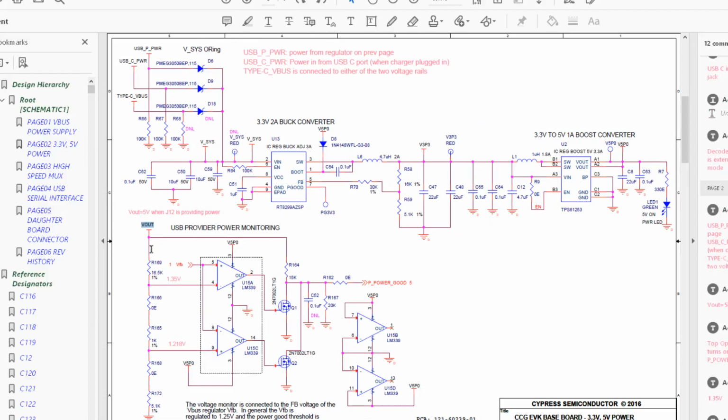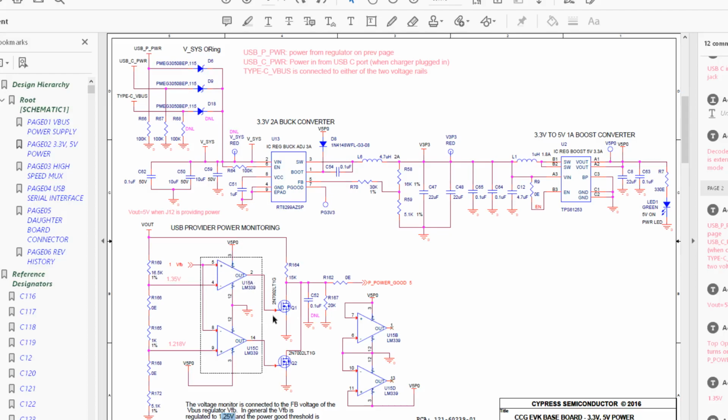That means it's assumed that this is power. So this is when we're providing power. There's a voltage divider between here and here, and it's looking at the feedback voltage. The feedback voltage should be 1.25. They've given you a 9% margin, so less than 9% and greater than 9%. Normally, in proportion, this is 1.25 volts, the op amp is off, the comparator is off.